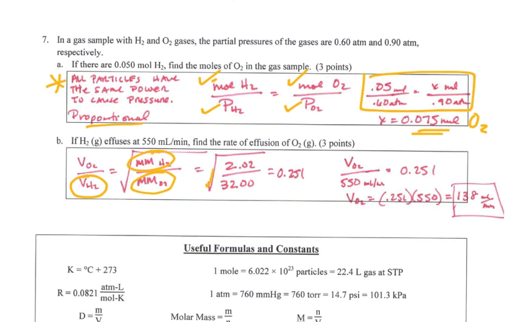So I just did the square root of the molar masses of H2 over O2, and I get 0.251. So 0.251 is equal to x over 550, and solving that, 550 times 0.251, I get an answer of 138 milliliters per minute as my rate of effusion.